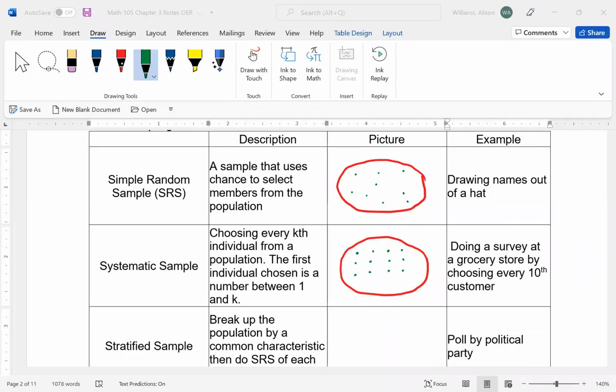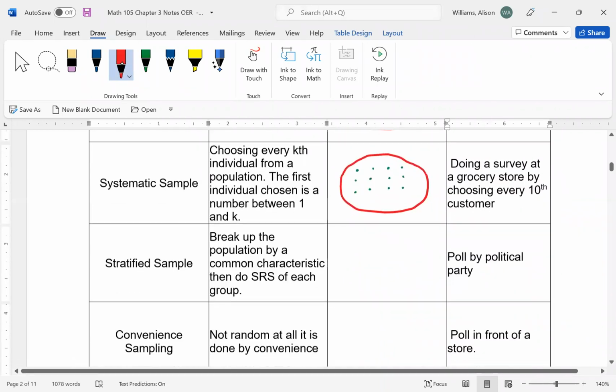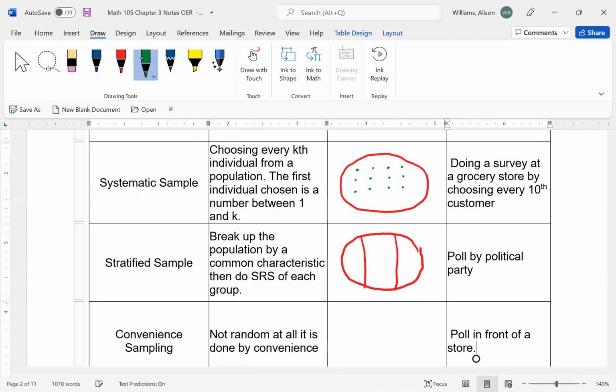Okay. Stratified sample. A stratified sample is first breaking the population up into these characteristics that we're interested in, and then doing a simple random sample within each of those sectors. Convenience sample. Now, this is the most interesting picture of all.